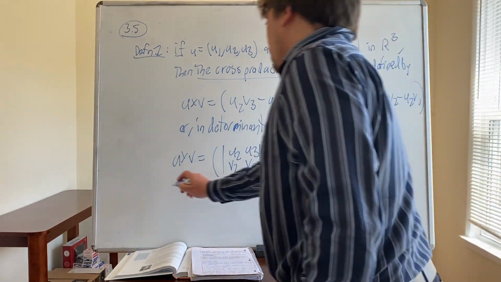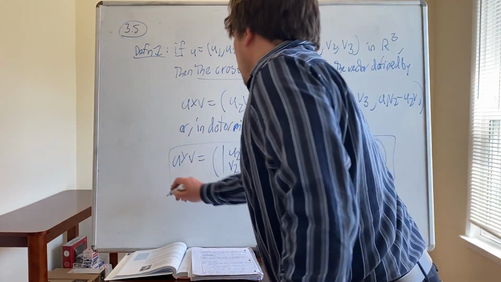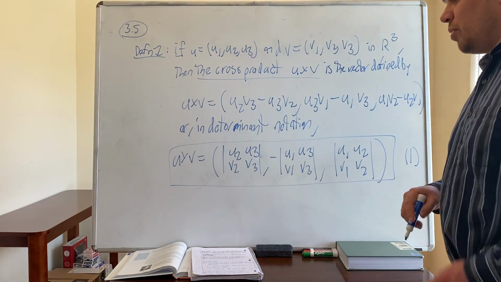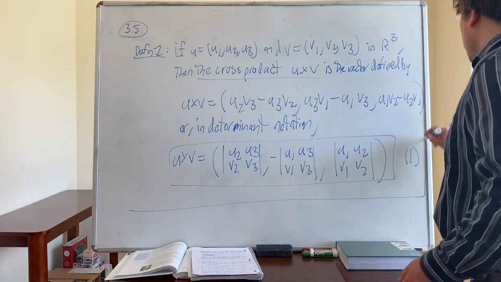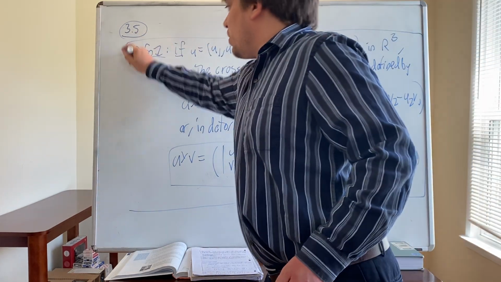This is equation 1 in this section, 3.5. Okay, and so this is the definition of the cross product of 2 vectors in 3 space.